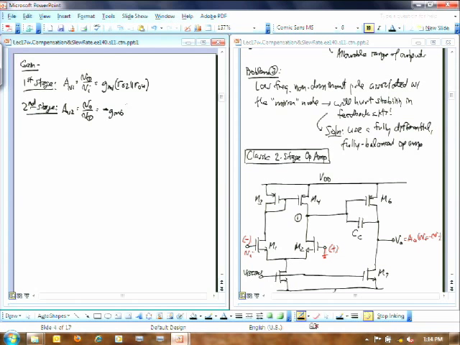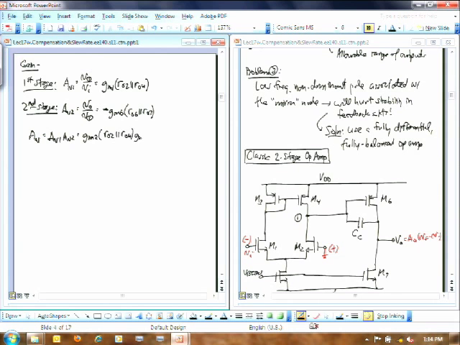And that's it. So I could just determine the gain is just AV1 times AV2. That becomes GM2 times RO2 parallel RO4 times GM6 times RO6 parallel RO7. I guess I have a negative sign in front of that whole thing, but that's the gain of this thing.